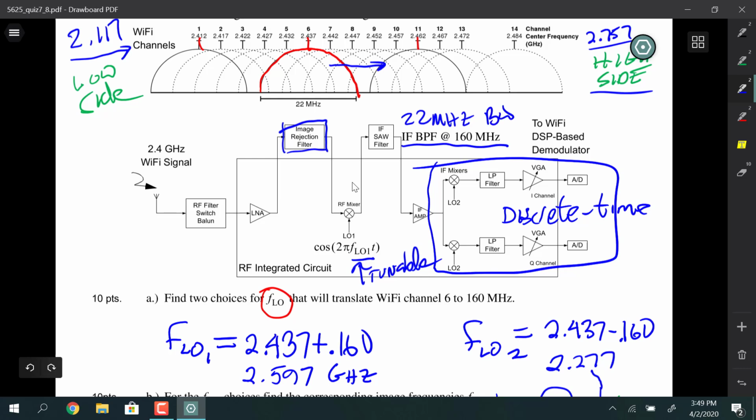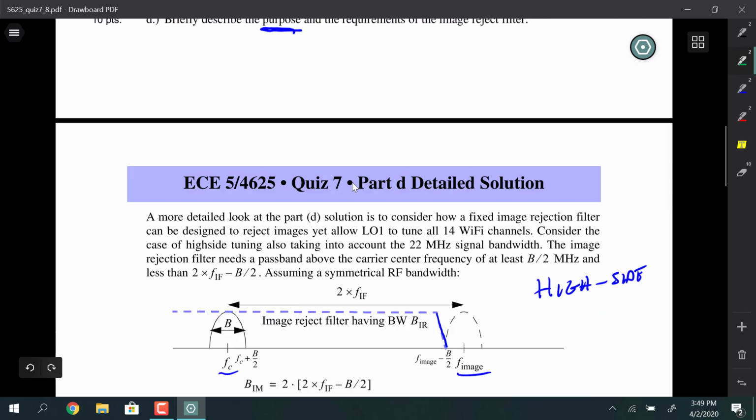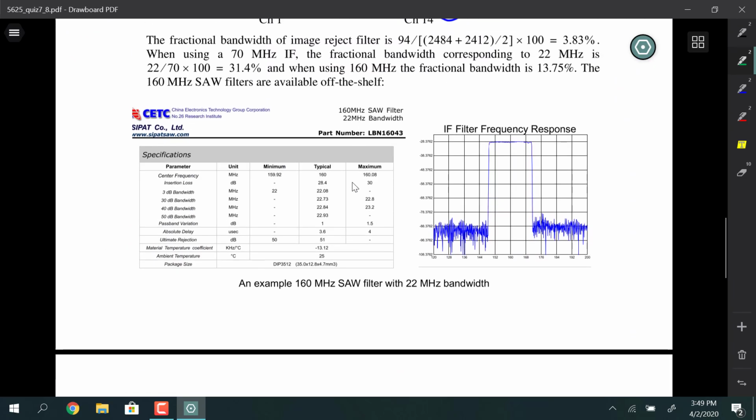So I just decided I wanted to go see what I could buy off the shelf for that, and I didn't have to look for very long. I found that there was an importer from China Electronics Technology Group that sells this part. It's a 160 megahertz SAW filter. It's spec'd at 22 megahertz minimum bandwidth.